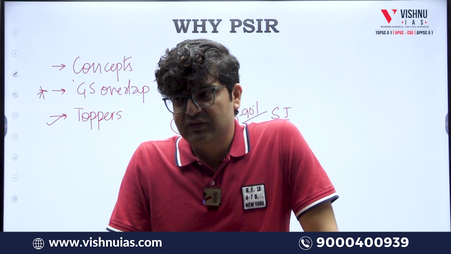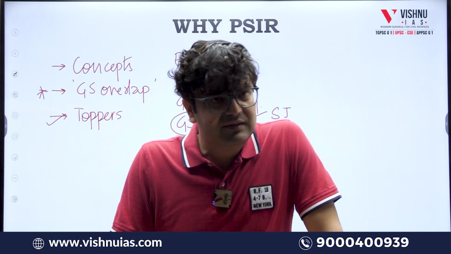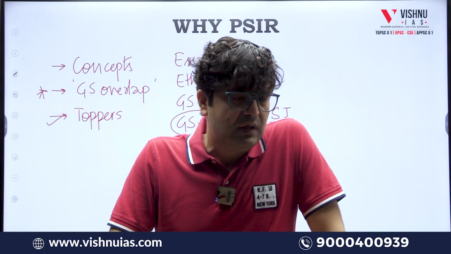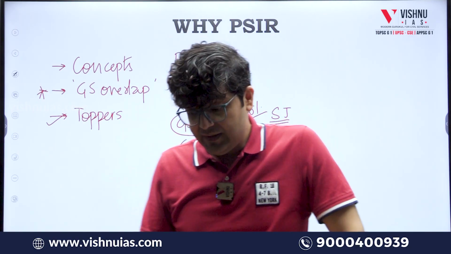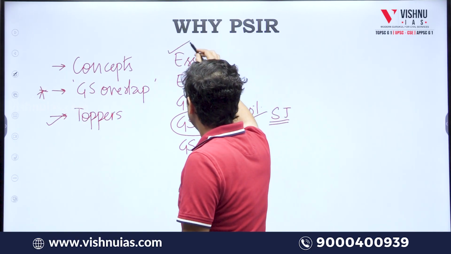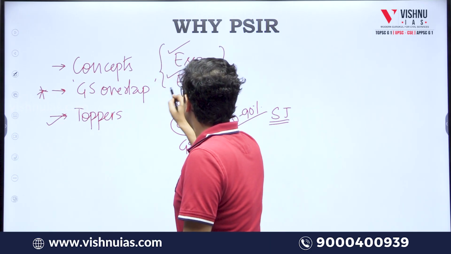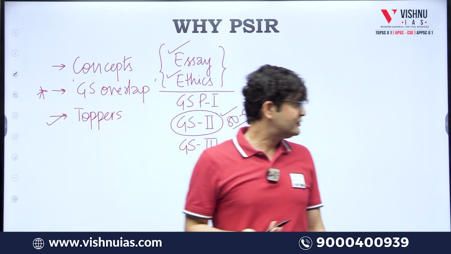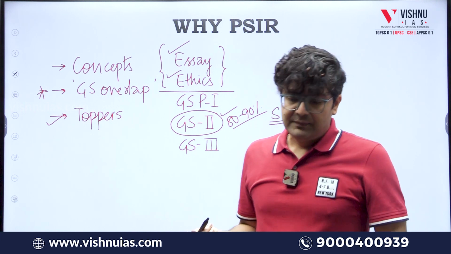So when you study PSIR, the biggest advantage that any aspirant can expect is this only: the coverage of GS thoroughly, at least paper 2 and some portions of paper 1, and yes, direct help that you will get in your essay as well as your ethics paper, especially with your essays and the format changing drastically. That's also there.